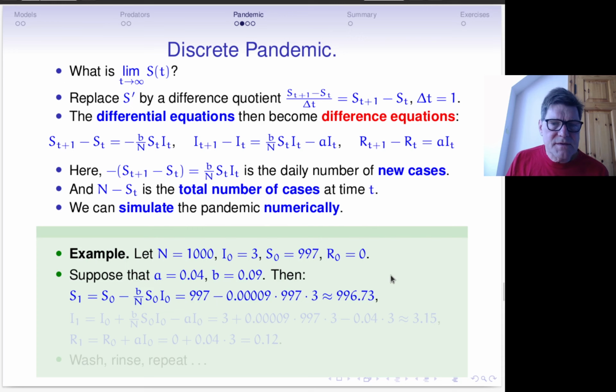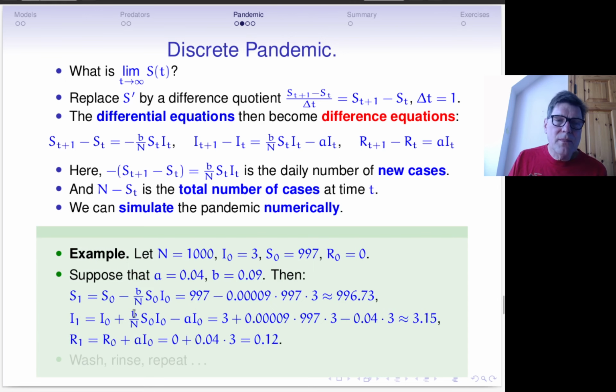So at that point there's not even a change in terms of whole numbers, so we need to keep digits after the comma here, but you get the idea. We can compute the new values S1, I1, R1 from the old values S0, I0 and R0, and then we do this over and over again.